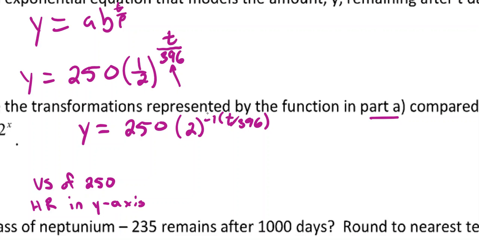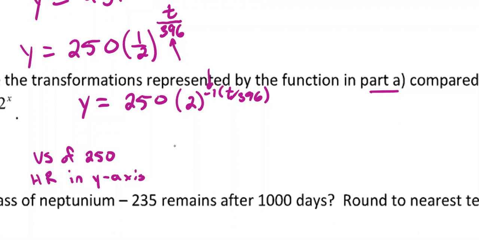And that's because of our negative b value there. We've got a horizontal stretch of what? Yeah, 396, right? Because this t over 396 is like 1 over 396. So it's going to be the opposite of what it actually is. So that would be a horizontal stretch of 396.